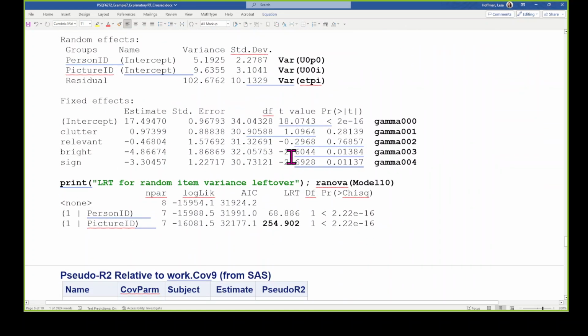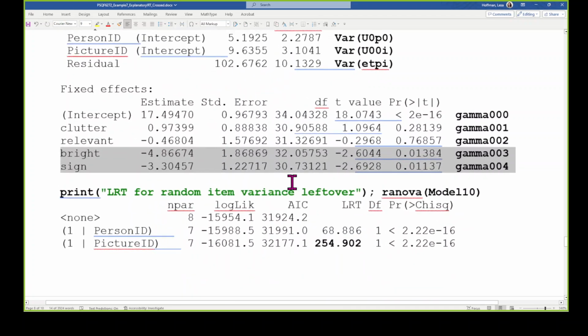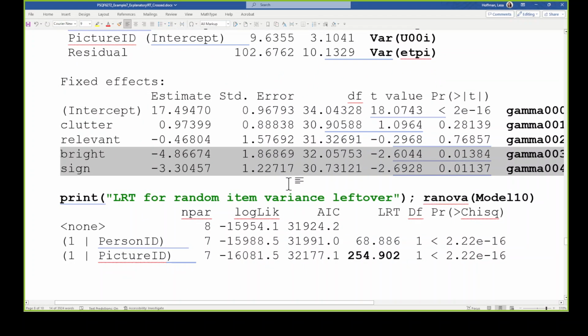And in terms of our conclusions, 17 is the average response time for a picture of average clutter that's not relevant to driving, that's not made to a sign, and that has average brightness. If I look at the ones that are significant, for every unit increase in brightness, which is a standard deviation on the scale of this variable, response time goes down.